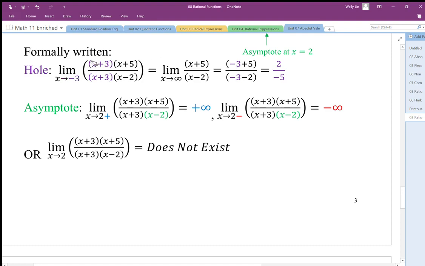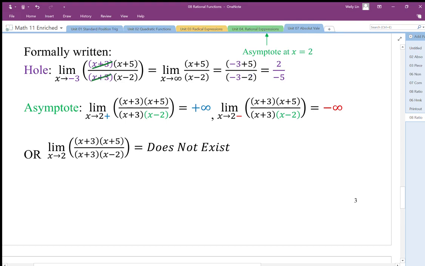And so to evaluate this, what we can do is we can cancel out the divide by 0. Once we get rid of the divide by 0, we can actually just plug in the value that used to give us 0 here, which was -3. We can just plug it in here and actually evaluate the limit.